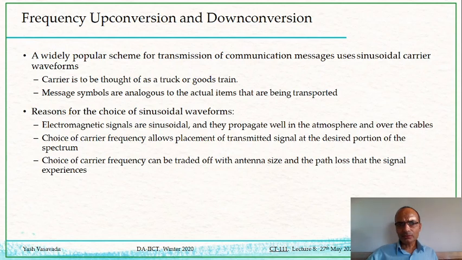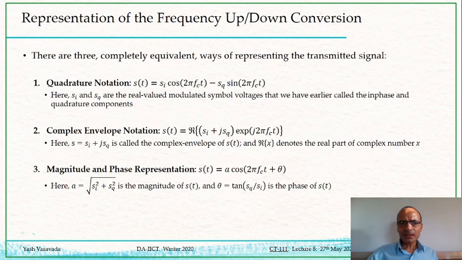Okay, now let us model this frequency upconversion and downconversion by three different mathematical equations, which on the face of it look different, but actually they are completely equivalent. These three equations refer to the same exact signal. So the signal which is actually getting transmitted can be written either in the quadrature notation, complex envelope notation, or magnitude and phase notation.